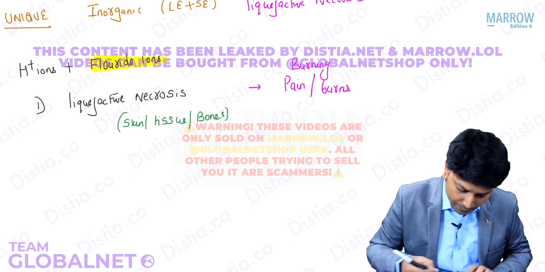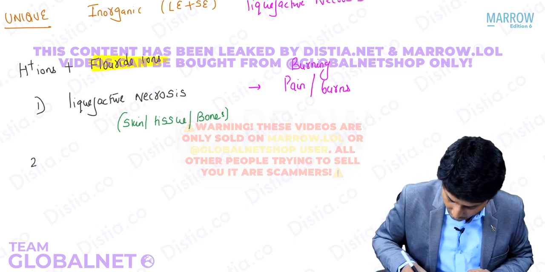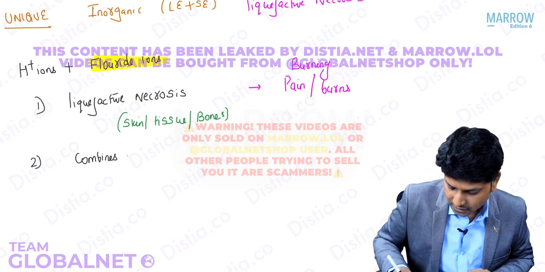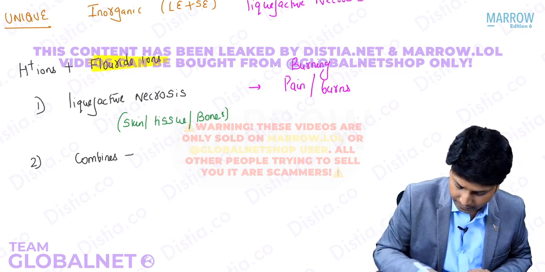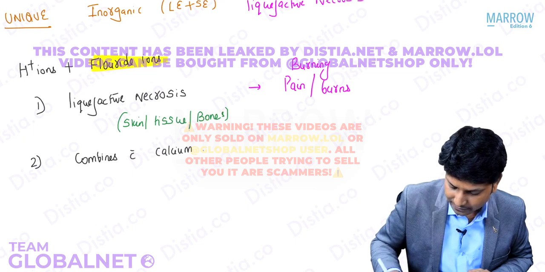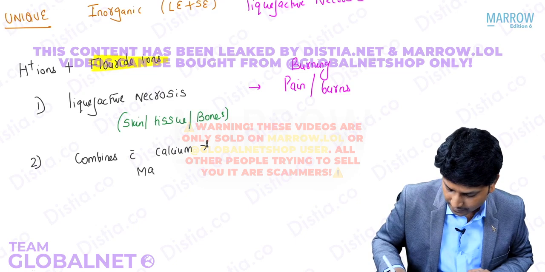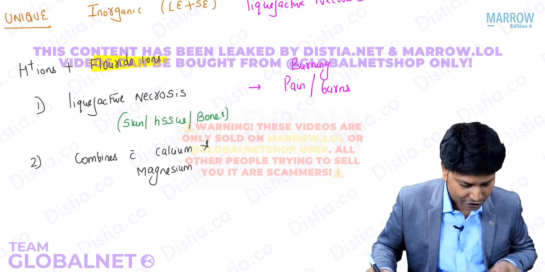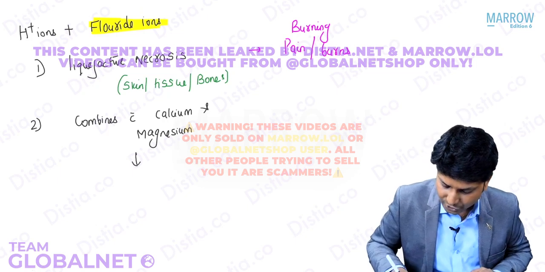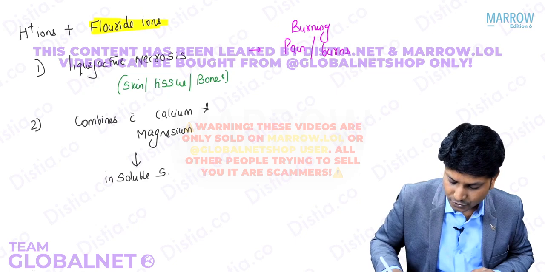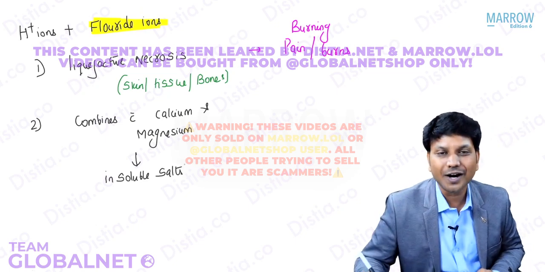The second important property is that it combines with calcium and magnesium ions in the body to form insoluble salts. So what?